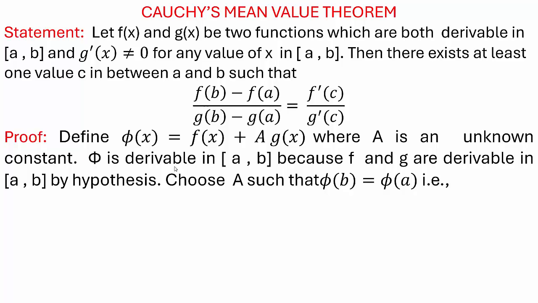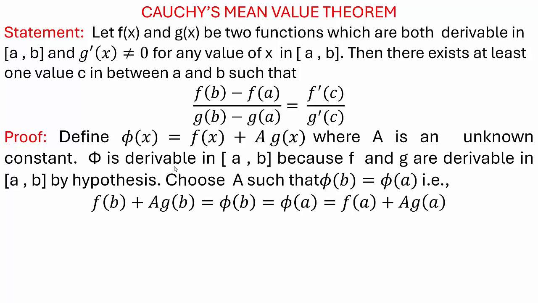Choose constant a such that phi(b) = phi(a), that is, f(b) + a g(b), which is the value of phi(b), equals f(a) + a g(a), which is the value of phi(a).